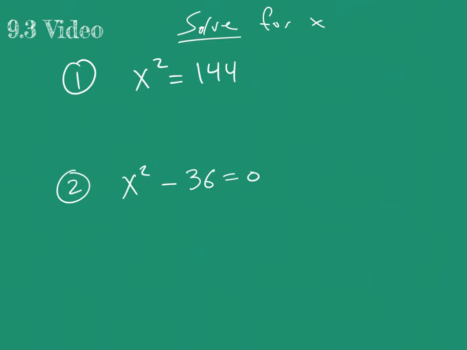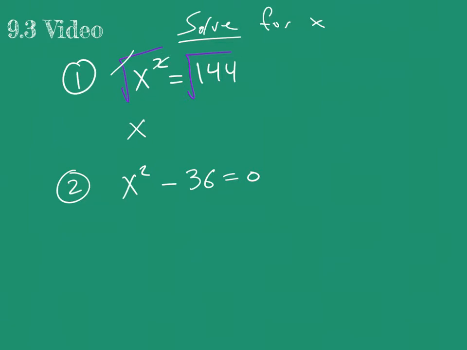The way we're going to write that and solve this is by square rooting both sides. So I square root the x squared, and I square root the 144. The square root of x squared is x, and the square root of x squared will always be x, because the square root and the squared undo each other. They cancel out.